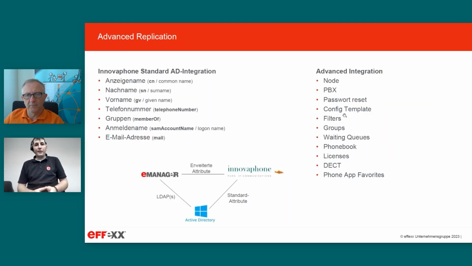So after that, and beside myApps apps, we have a standard product called eManager with an add-on for the Active Directory replication of innovaphone. So with our tool, you can roll out big systems only from the Active Directory, and the administrators do not have to do any configurations on the innovaphone PBX.